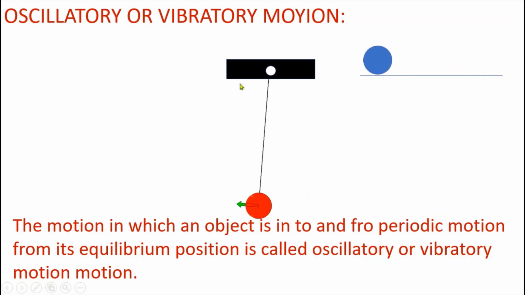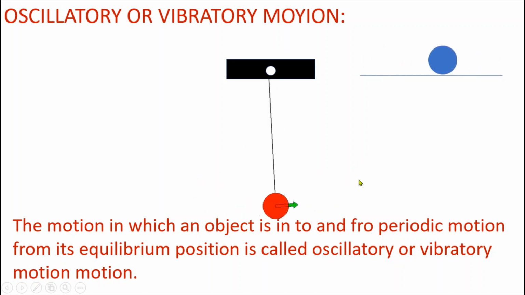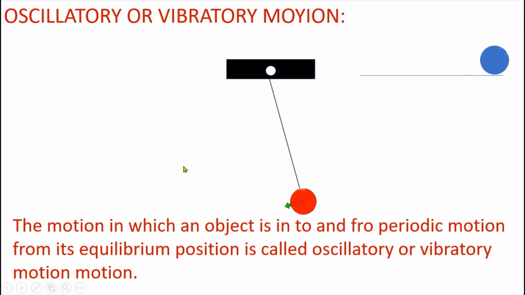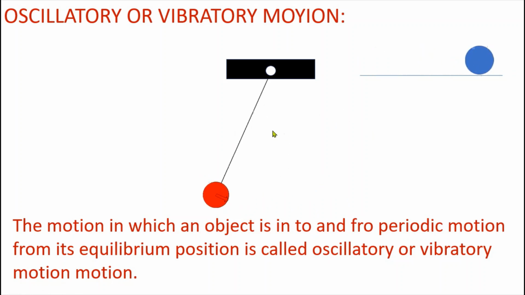Here the object moves in a direction and again moves in the opposite direction. That is, the object moves in a direction for half of its time period and in the opposite direction for the other half.